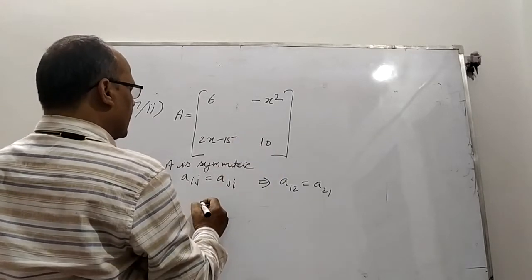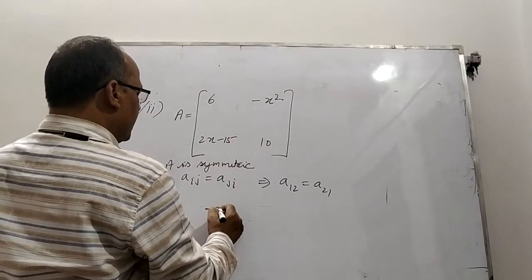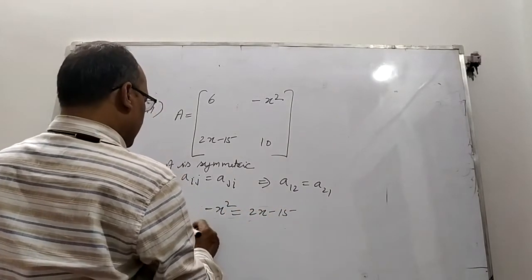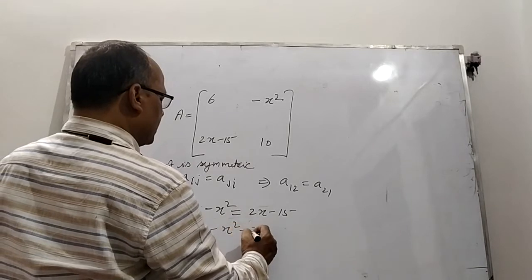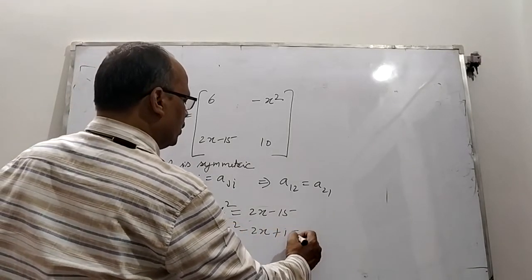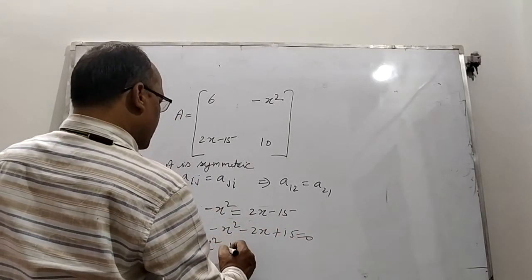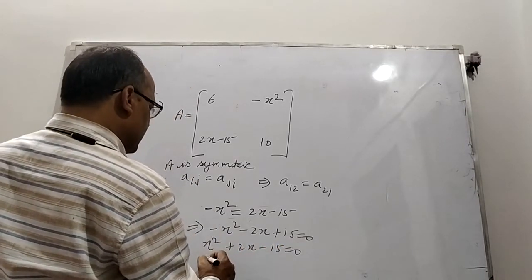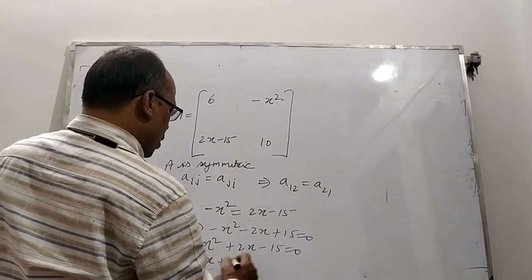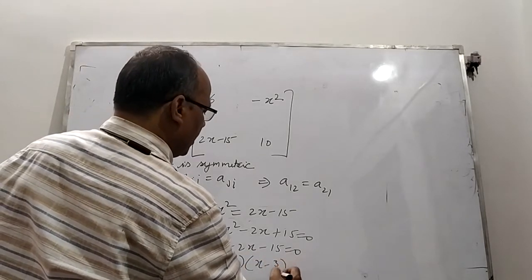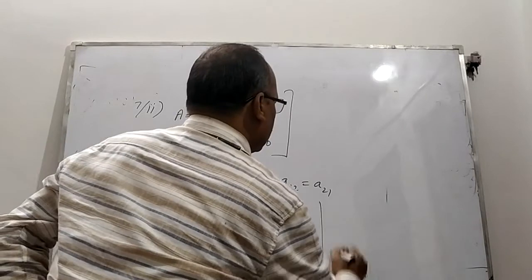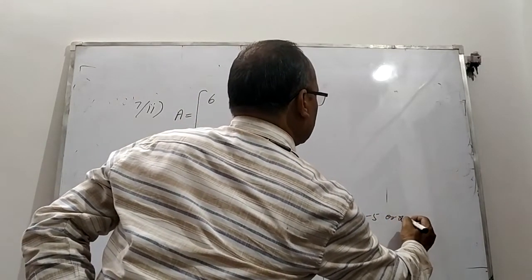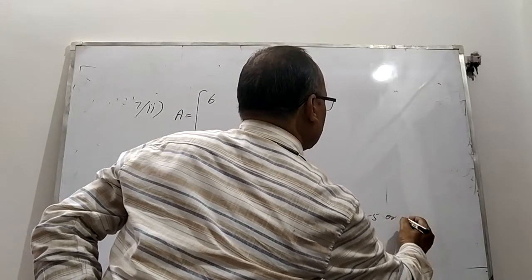So now we can write minus x square equal to 2x minus 15. This implies minus x square minus 2x plus 15 equal to 0. Then x square plus 2x minus 15 equal to 0. Then you factorize: x plus 5 and x minus 3 equal to 0. This implies x equal to minus 5 or x equal to 3.